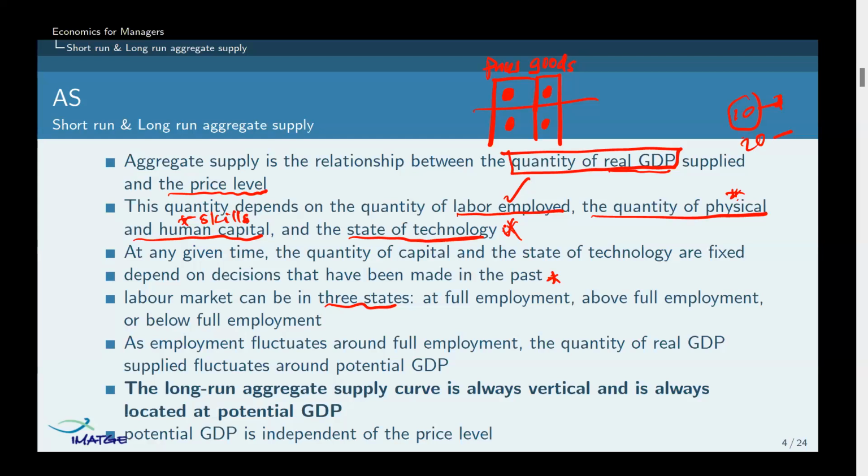We can have a full employment labor market, where all the labor that is available is fully employed, okay? Where the number of people who are willing to work at the given wage rate is exactly equivalent to the number of job opportunities that are available.